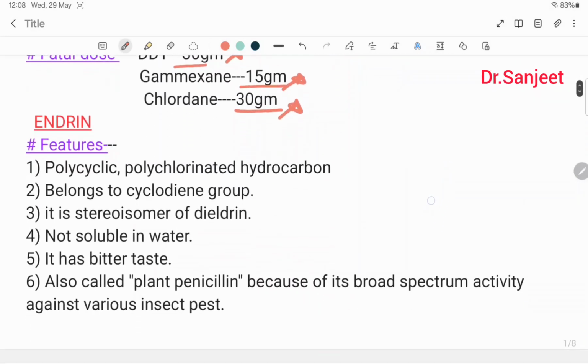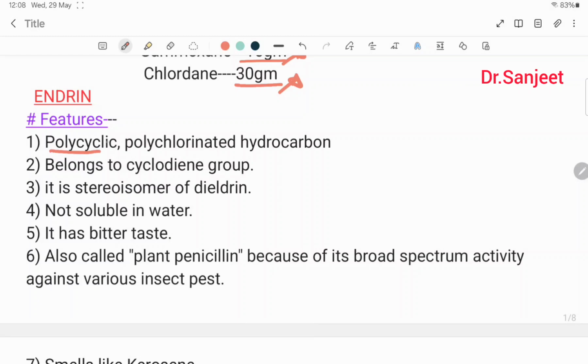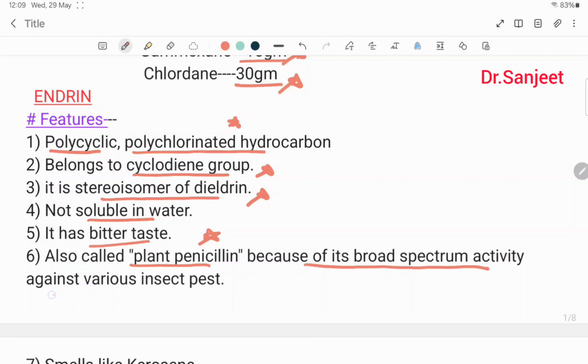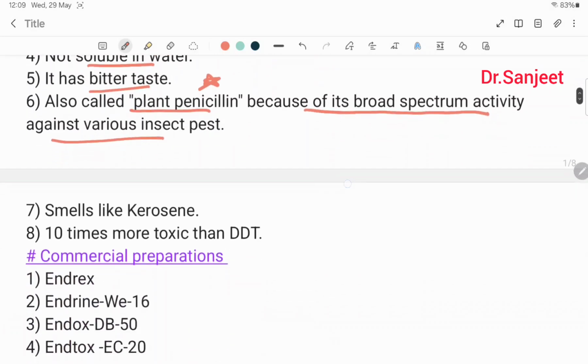Then endrin, a polycyclic polychlorinated hydrocarbon belonging to the cyclodiene group. It is a stereoisomer of dieldrin, not soluble in water. It has a bitter taste and is also called plant penicillin because of its broad spectrum activity against various insect pests.